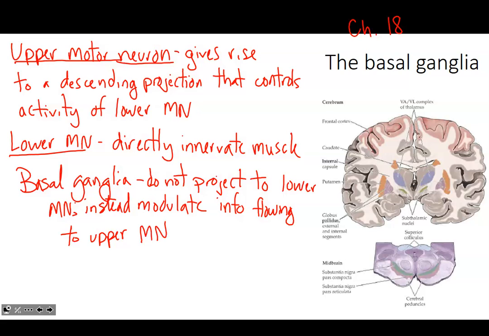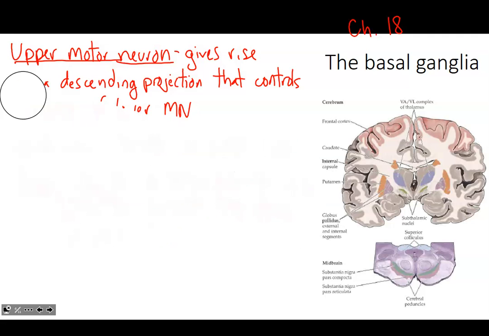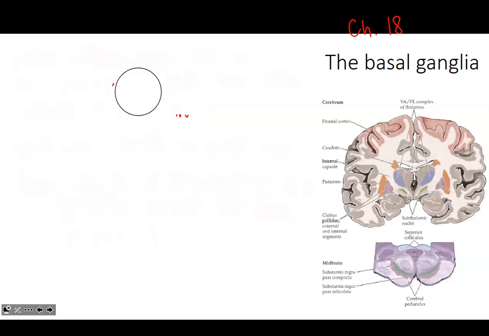You could think of them as the bridge between the sensory system and the motor system. The information that would typically flow across from sensory to motor will be modulated by basal ganglia circuitry. So let's talk about the anatomy of the basal ganglia, as it does play this modulatory role between sensory and motor controls.